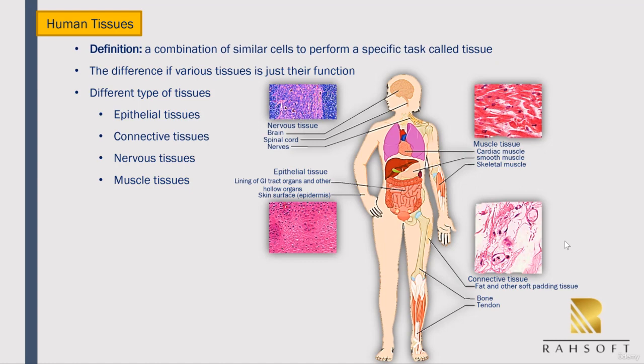You'll have connective tissue, which helps create fat and other soft padding tissues. Then you can have nervous tissues, which are mainly composed in the brain, spinal cord, and the nerves. And you'll have muscle tissue, which helps form different types of muscles, such as the cardiac muscle, smooth muscle, and skeletal muscle.